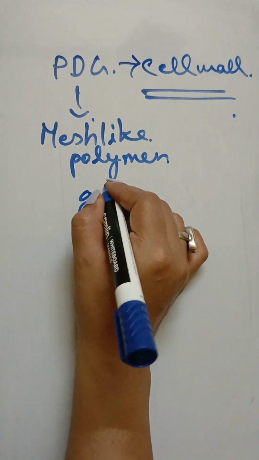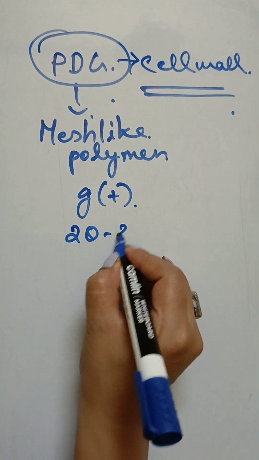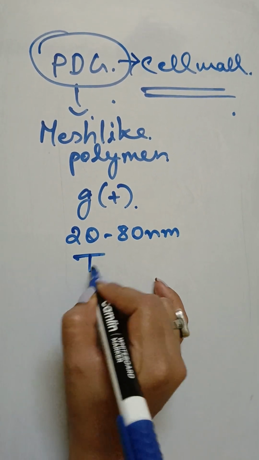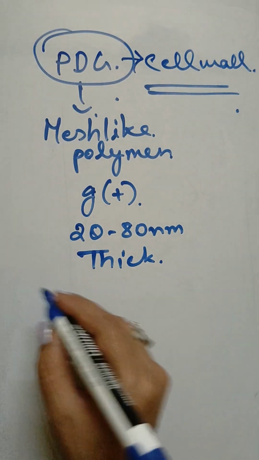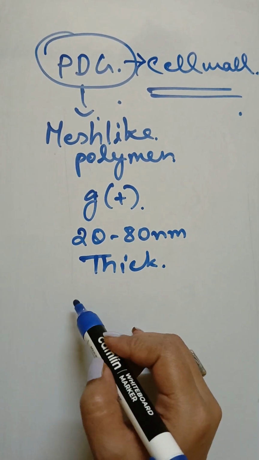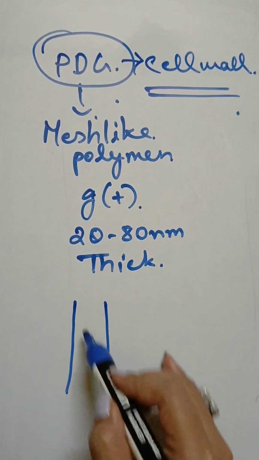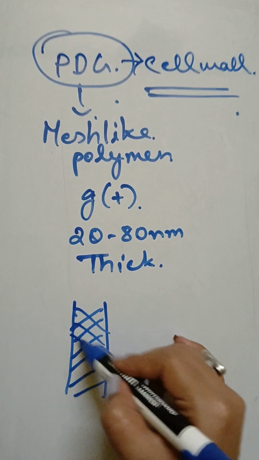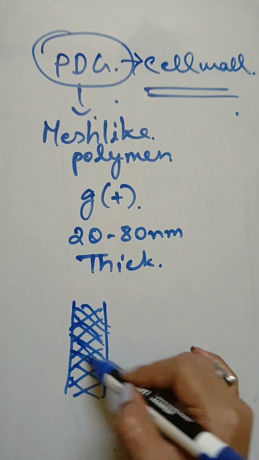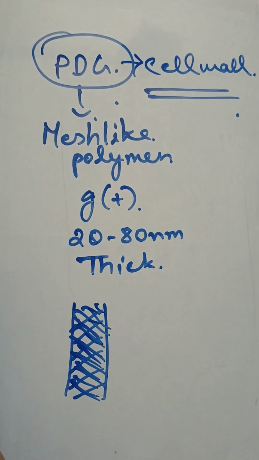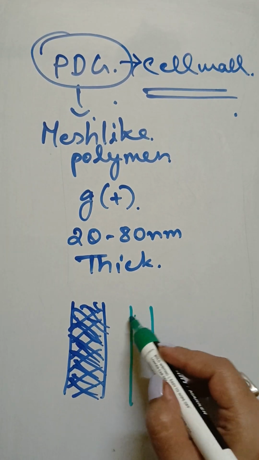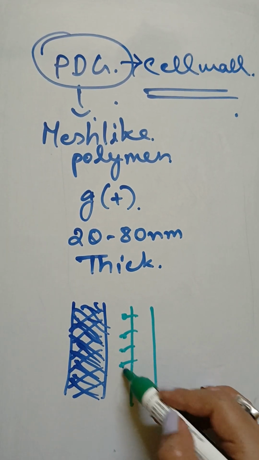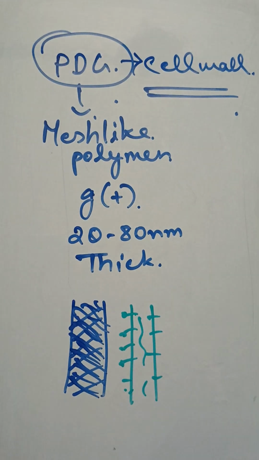Now in case of gram-positive bacteria, this PDG layer is about 20 to 80 nanometer thick. So in case of gram-positive bacteria, there is a PDG layer like this, and a plasma membrane like this.